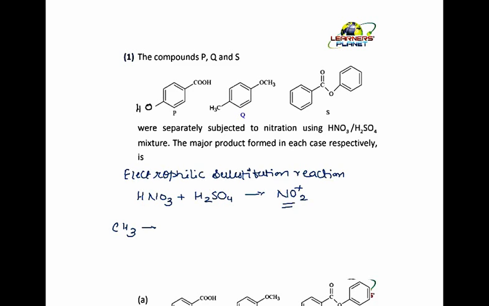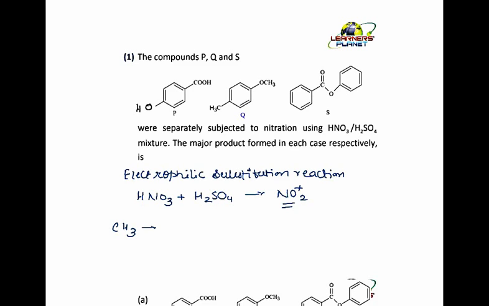Your OH, due to the presence of lone pair of electrons on the oxygen, is a ring activating group. Right? So where will the substitutions take place? At ortho and para.